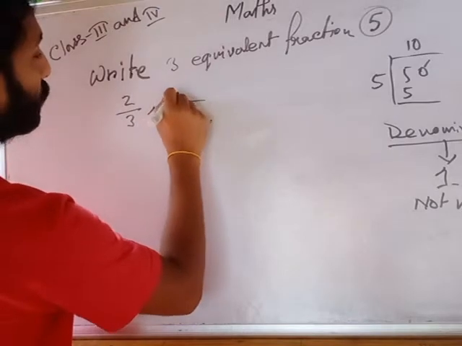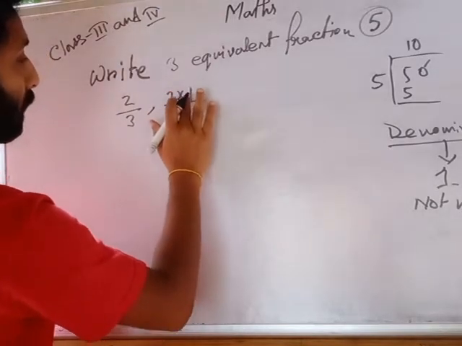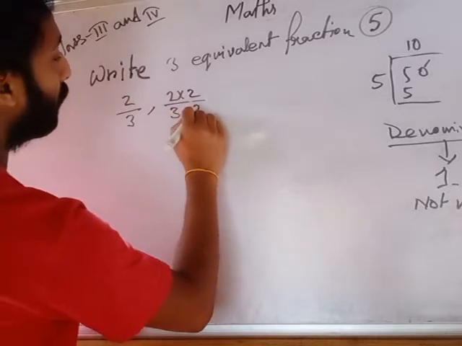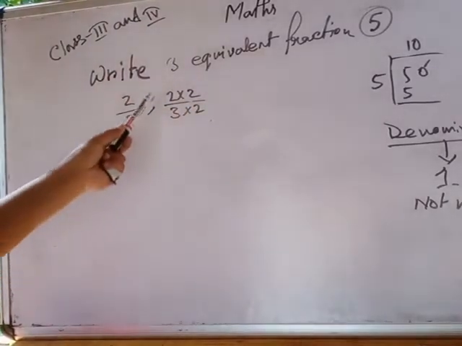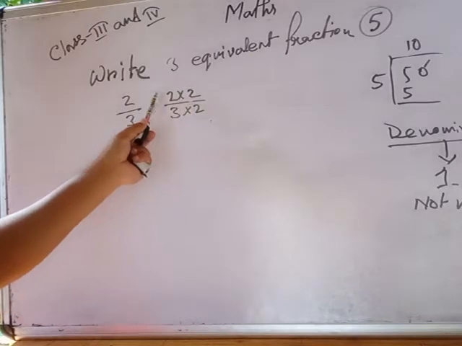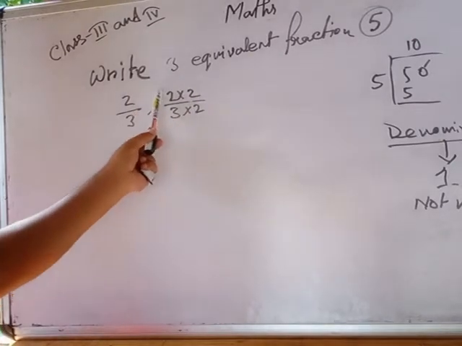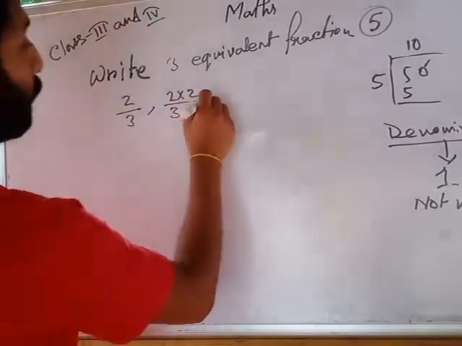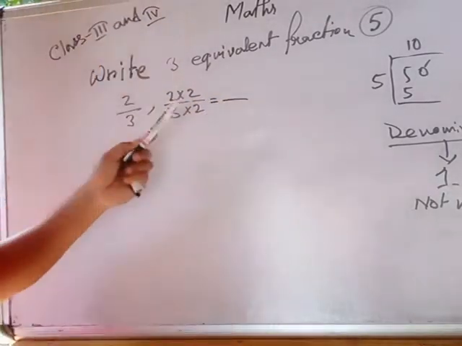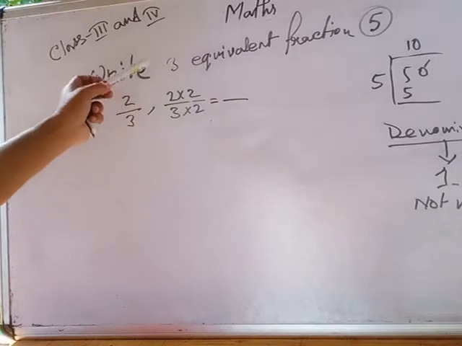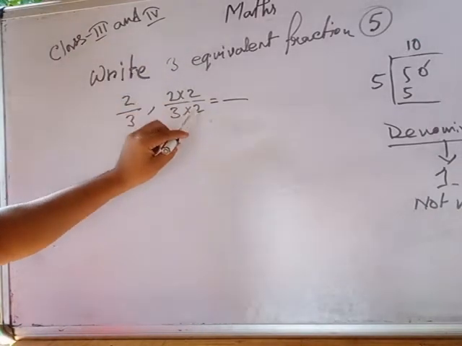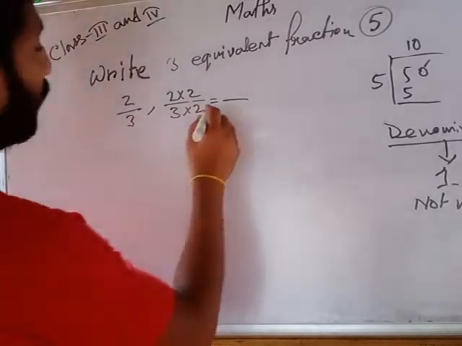After that, 2 is multiplied with 2 and 3 is multiplied with 2. If we multiply the numerator and denominator with the same number, it is called the equivalent fraction.